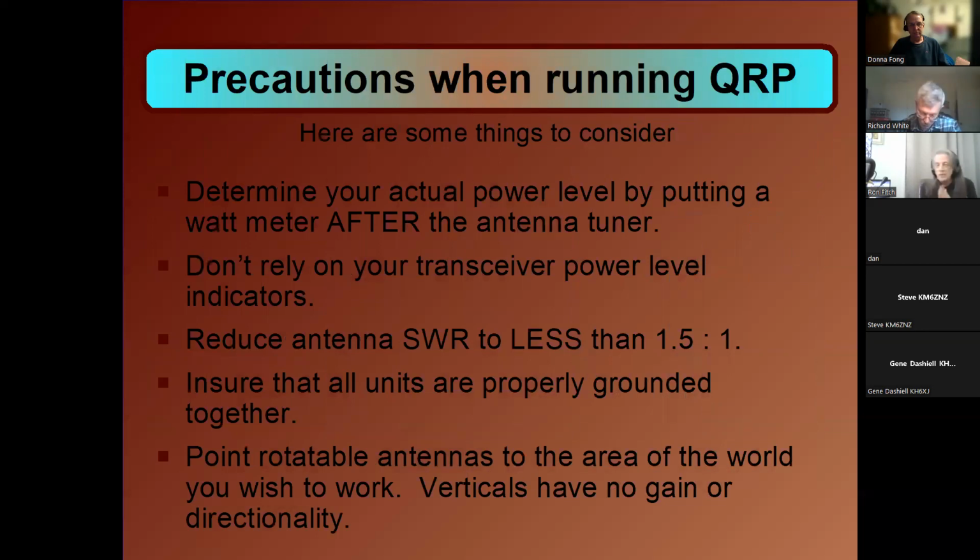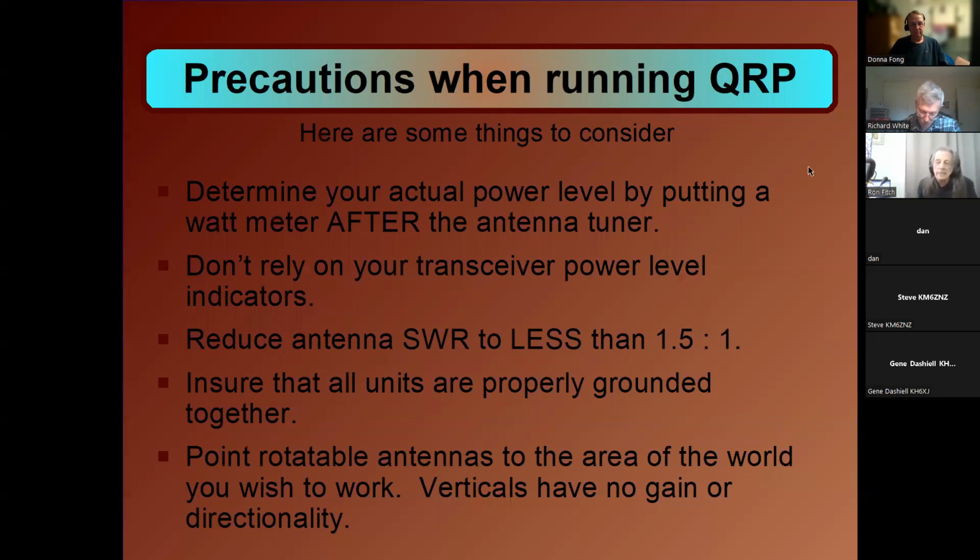Now, here's some things to consider, and I learned this the hard way. Determine how much power you're actually running by putting the watt meter as far away from the radio as you can, as close to the antenna as you can.